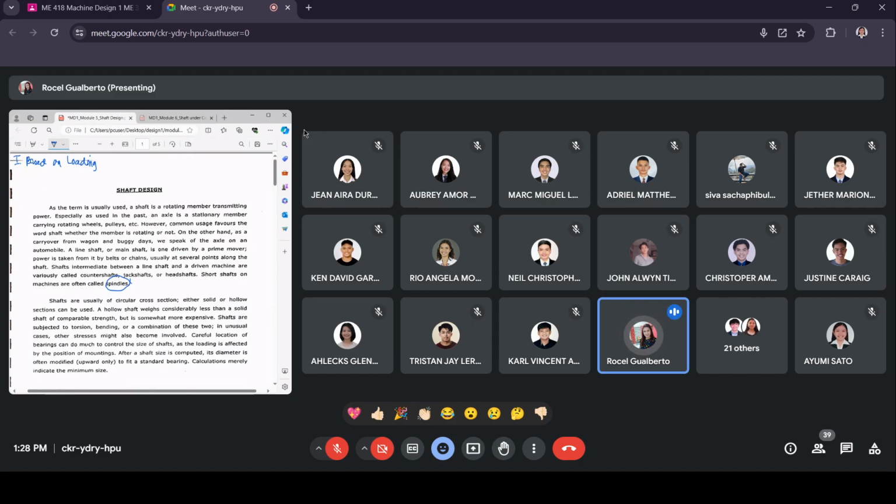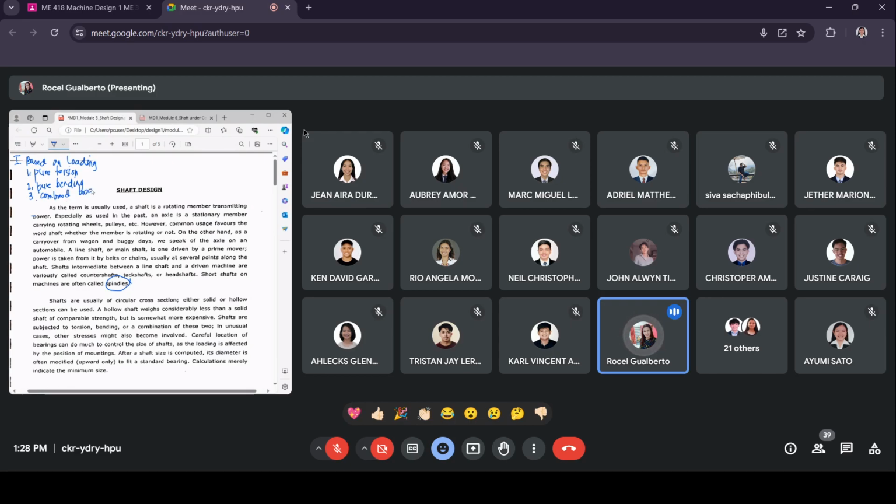Based on the loading, the first one is if the shaft is under pure torsion, so the only load that we have on a shaft is the torsion, okay? The second one is pure bending, so even the shaft can be subjected to a bending load, okay? The third one is combined loadings.